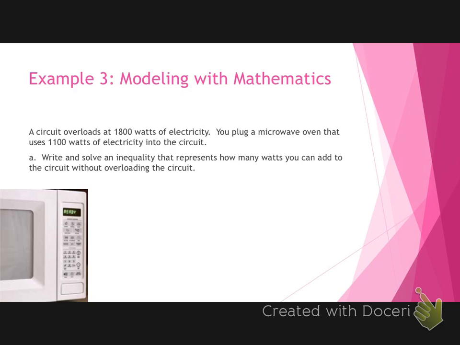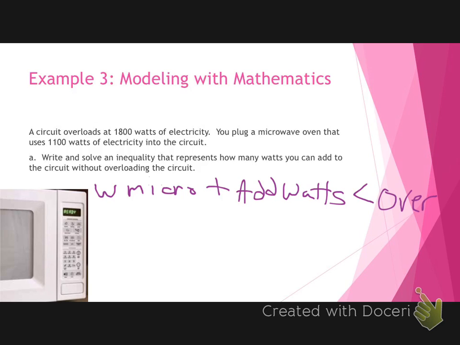So we need to make a plan. We're going to use some verbal things here. We're going to have watts used by the microwave oven plus additional watts has to be less than the overload. So watts for the microwave plus the additional watts has to be less than the overload.